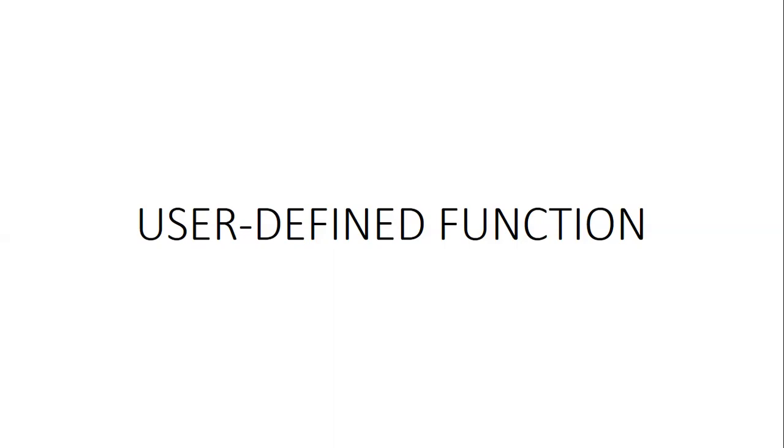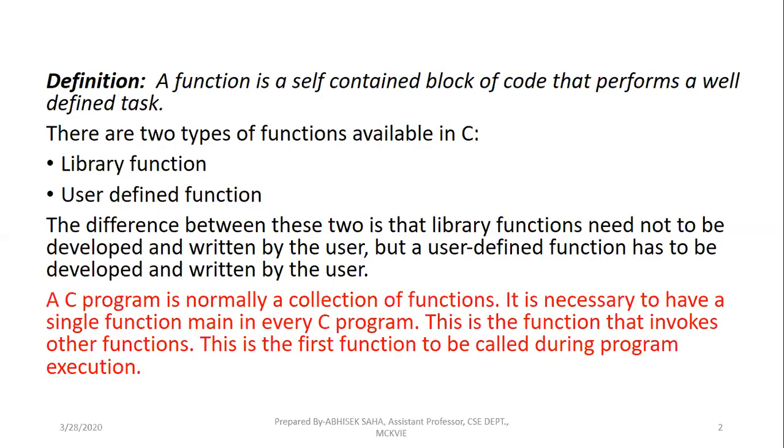So what is the definition of a function? As a conclusion, we can say a function is a self-contained block of code that performs a well-defined task. That means turning on a machine. I declared three steps to turn on a machine, so this is a well-defined task.